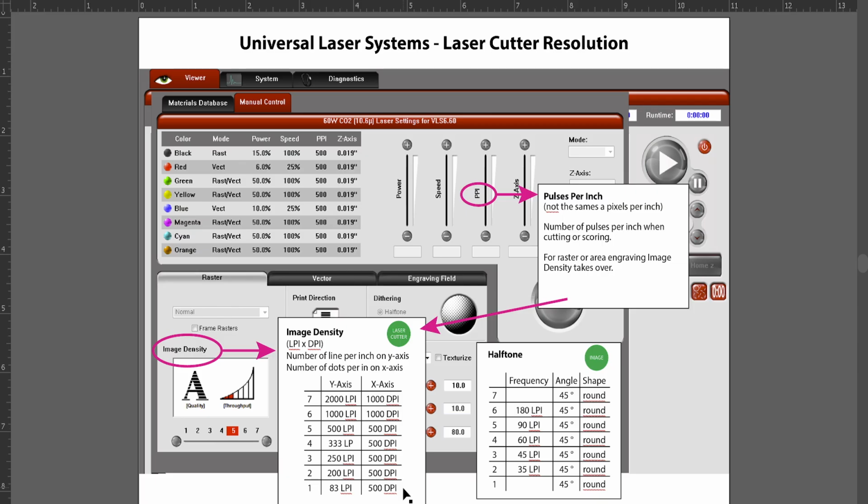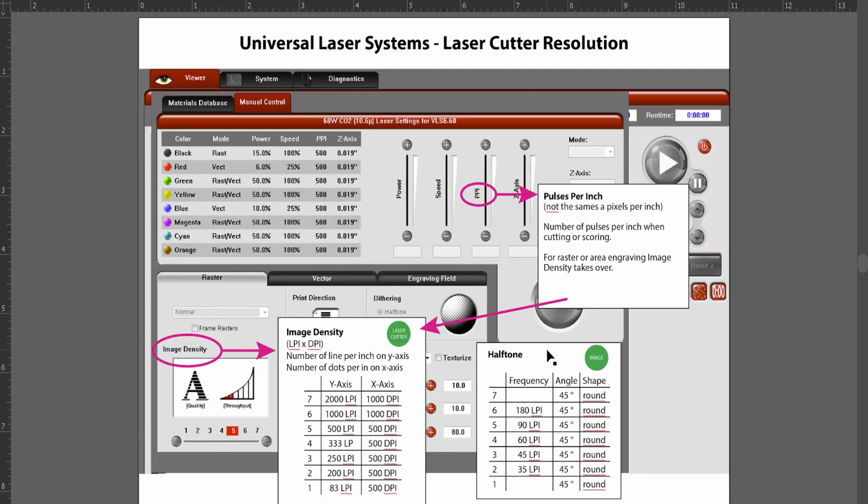So I went around in circles quite a bit with this guy before I could nail down and confirm that they are using DPI and LPI interchangeably. They're still talking about dots per inch, even when they're talking about the y-axis and lines per inch. Very confusing.